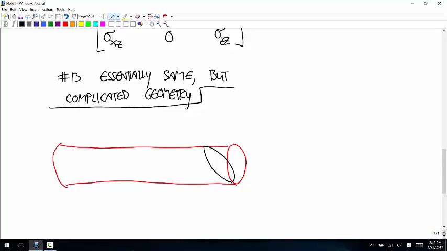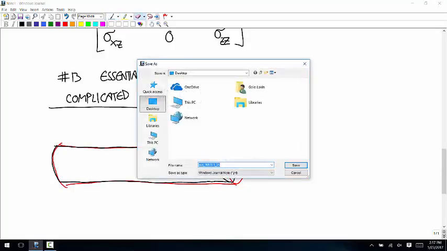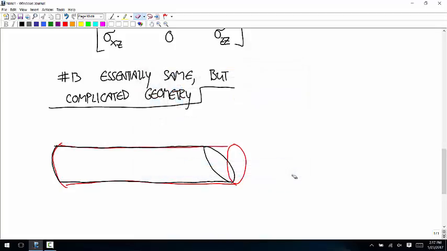So what you really have is the shape in black. It's like we chopped off this little corner here, and we're trying to figure out the stress on this face at this angle.